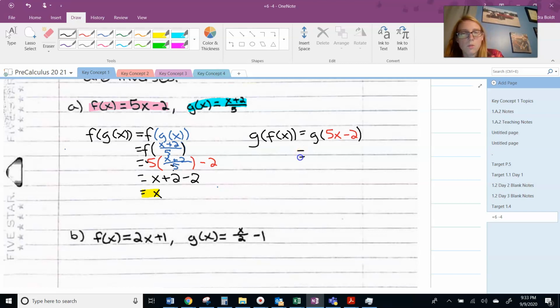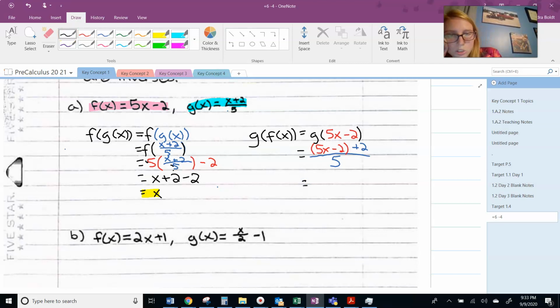Well, that equals, well, g is this x plus 2 over 5, so I get 5x minus 2 plus 2 over 5.